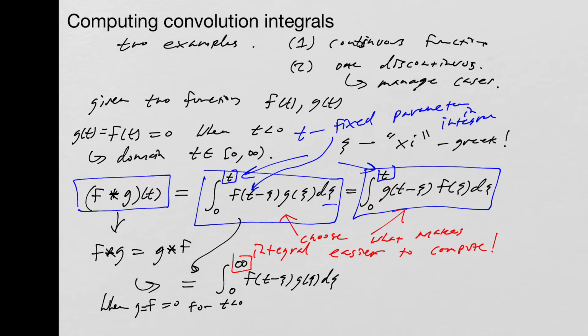Okay, all right, so with this, I'd like to get a new page here and start with my first example, which is going to be a continuous function. My f of t is going to be equal to t, and my g of t is going to be equal to e to the negative t.